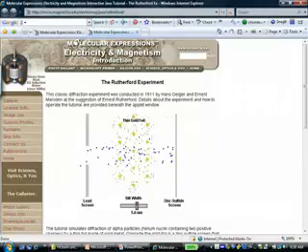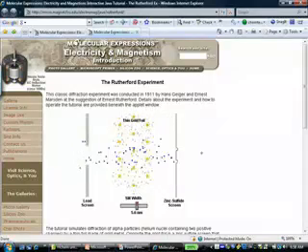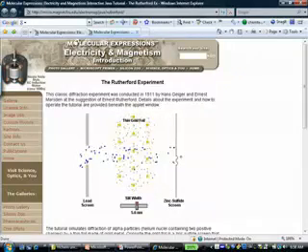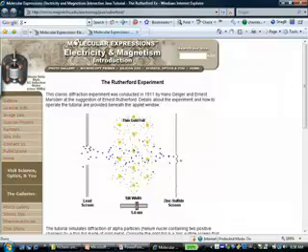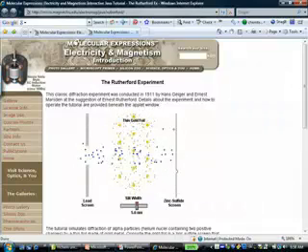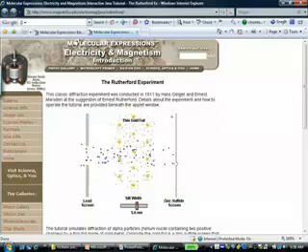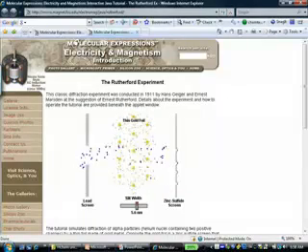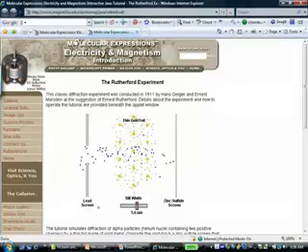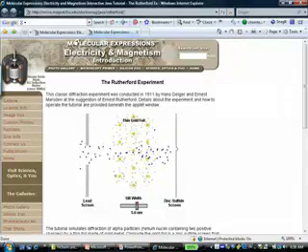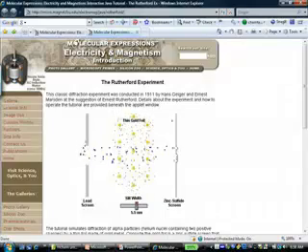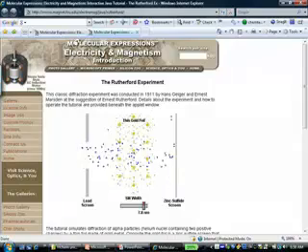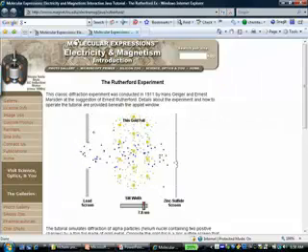And he observed 3 things: most of the particles went straight through, as if they had impacted nothing. Some of the particles were deflected to the left or the right on the screen, and a few of the particles bounced back. Every once in a while, you'll notice that we do get an occasional one that bounces backward.